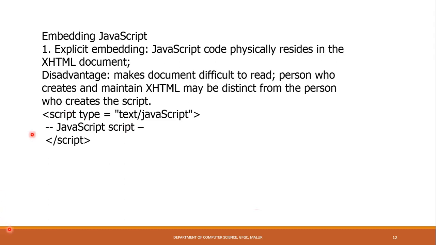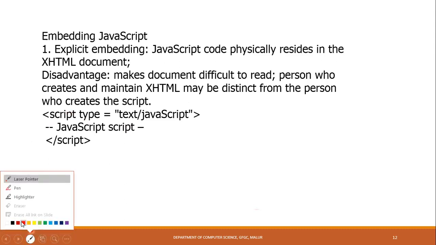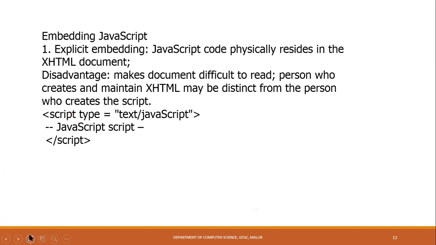Explicit embedding: JavaScript code physically resides in the XHTML document. That means XHTML, HTML, any hypertext markup language document. So JavaScript code along with the HTML code, when JavaScript code is embedded, then we call it explicit embedding.